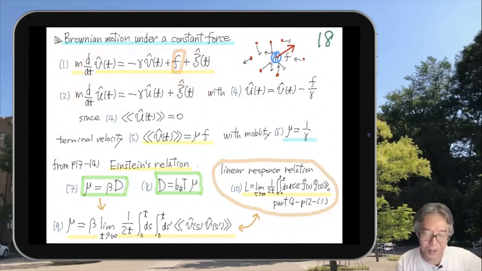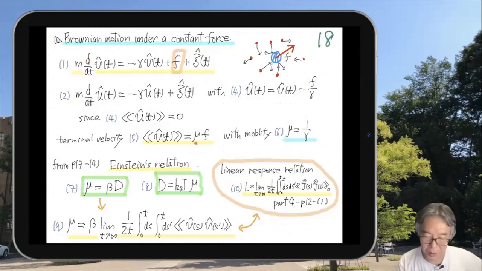But here we only need to compute this simple expectation value. The expectation value of u is vanishing. And then we know that the expectation value of v is given by f over gamma. Let's rewrite f over gamma as mu times f, where mu is called the mobility. And in this case, mobility is given by 1 over gamma.